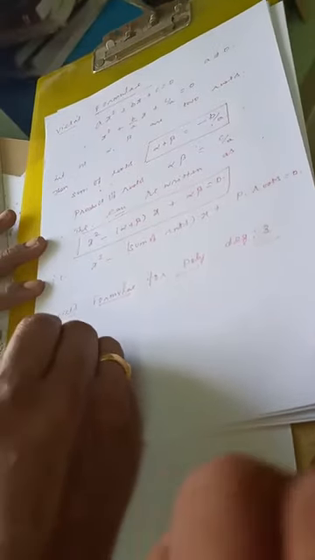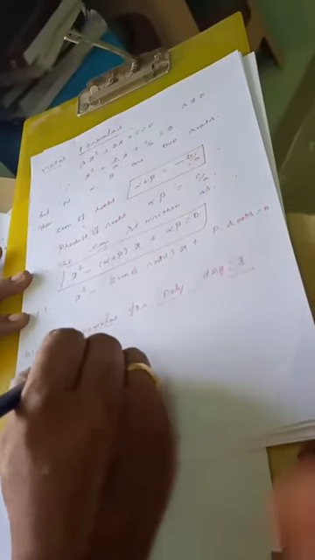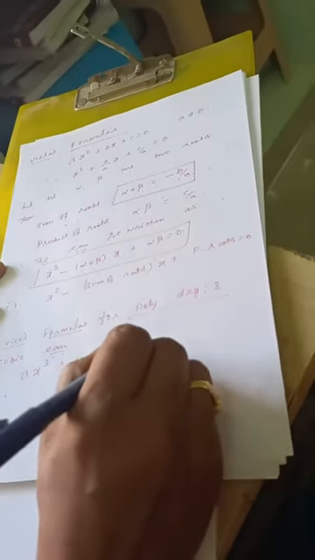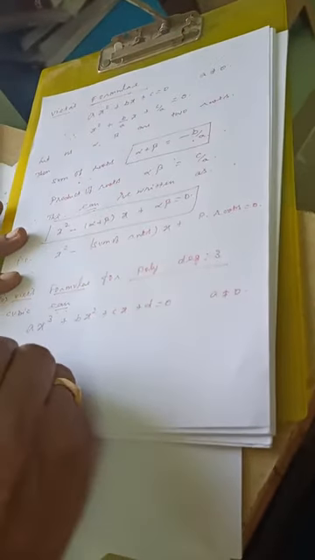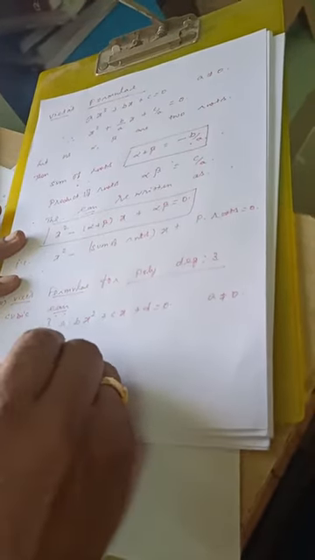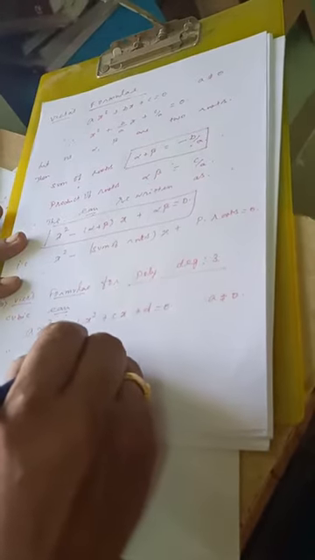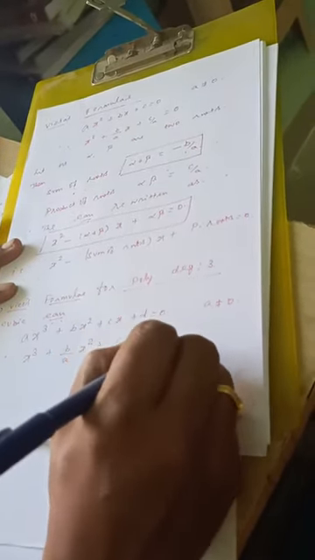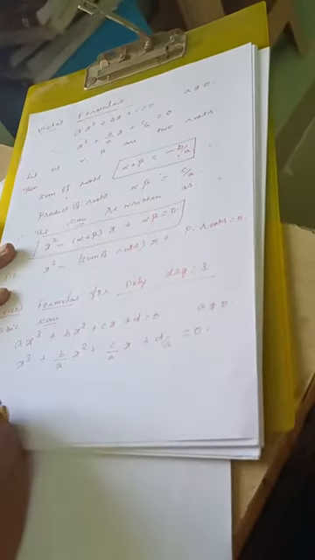This is the cubic equation. We know that ax cube plus bx square plus cx plus d equal to 0, a not equal to 0. That is equal to x cube plus b by a into x square plus c by a into x plus d by a equal to 0.